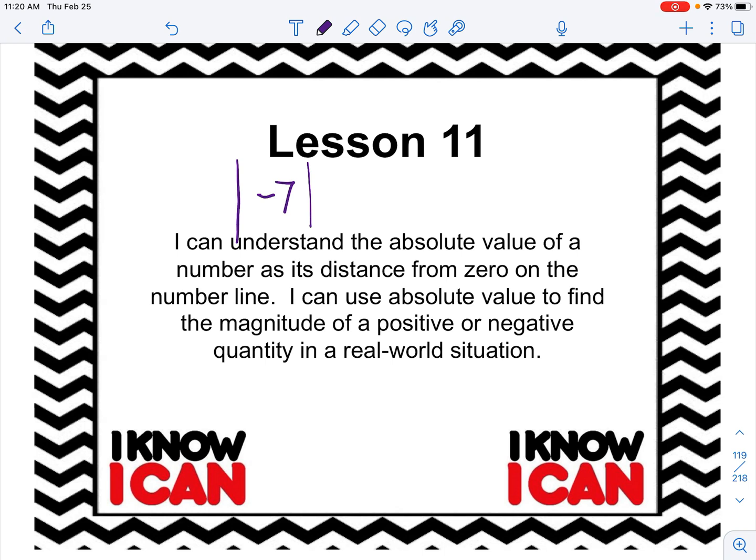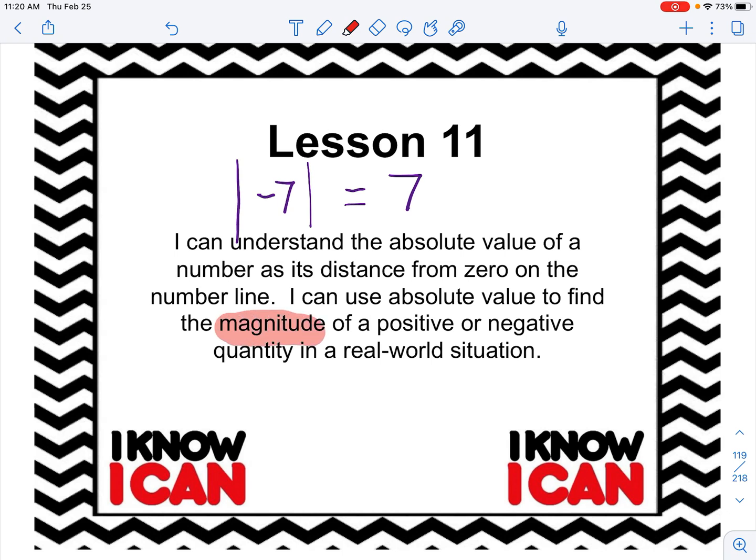This is saying the absolute value of -7 is equal to what? Well, we need to count how many spaces -7 is away from 0. When you do that, you get 7, and that is the absolute value of -7, is 7. Remember, absolute value is always going to be positive, always.